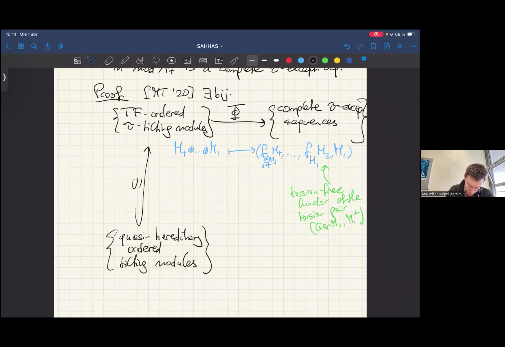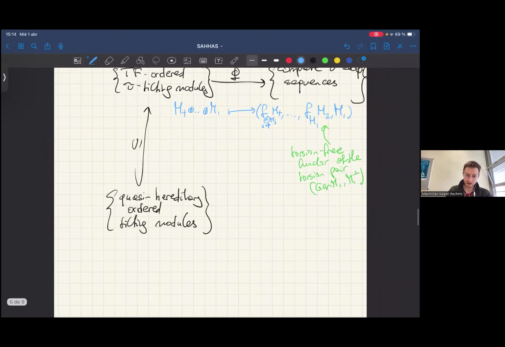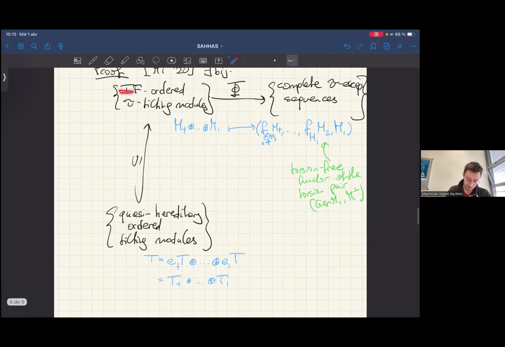By this, I mean that any tilting module has a decomposition determined uniquely by the quasi-hereditary ordering by just taking the idempotent at vertex t and multiplying it by T, and doing the same with all of the other vertices. I will call this Tt plus ... plus T1. And of course, one has to show that this is indeed a TF order, but this is true.